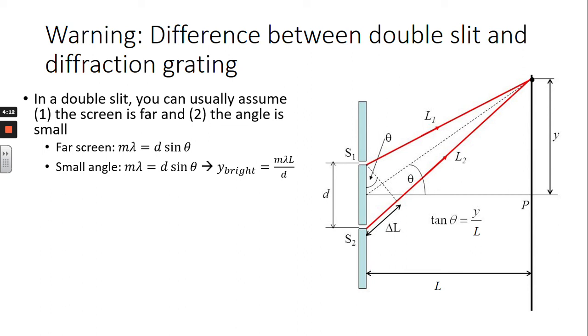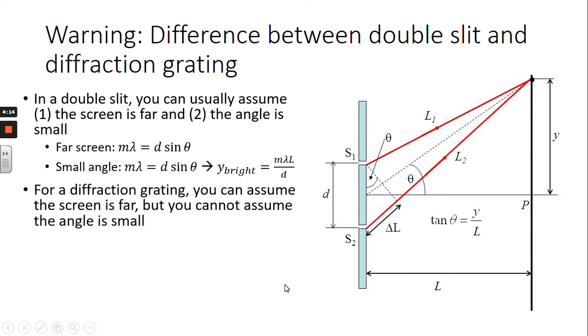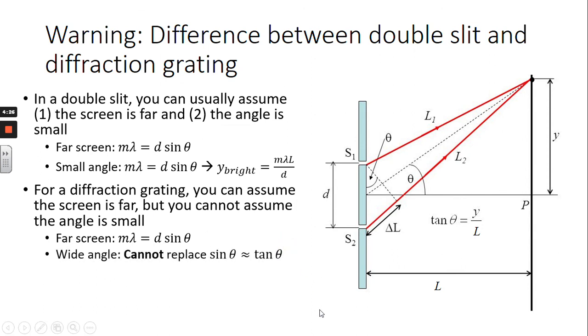That's usually pretty good too. For a diffraction grating, you can still assume that the screen is far, but you definitely cannot assume that the angle is small. So m lambda equals d sine theta, check, nailed it. But sine theta and tangent theta are not the same, so we can't go any further than that. This y bright equation does not work for diffraction gratings.